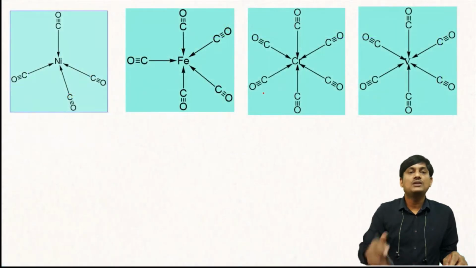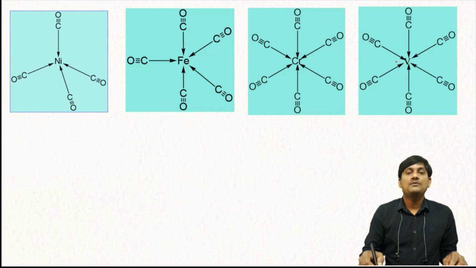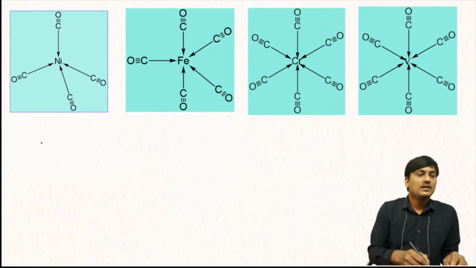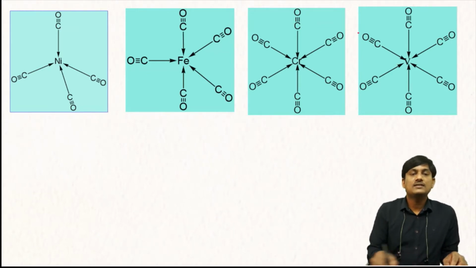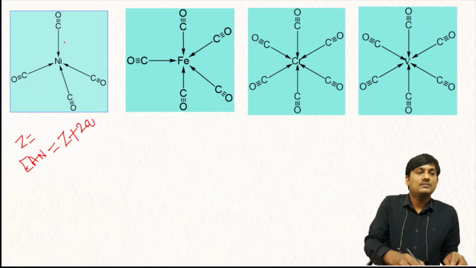Let us take some molecules: Ni(CO)4, Fe(CO)5, Cr(CO)6 and V(CO)6. Let us calculate the effective atomic number of these complexes. All these are mononuclear metal carbonyls, so the formula is EAN equal to Z plus 2A. Simply identify the terminal CO ligands.